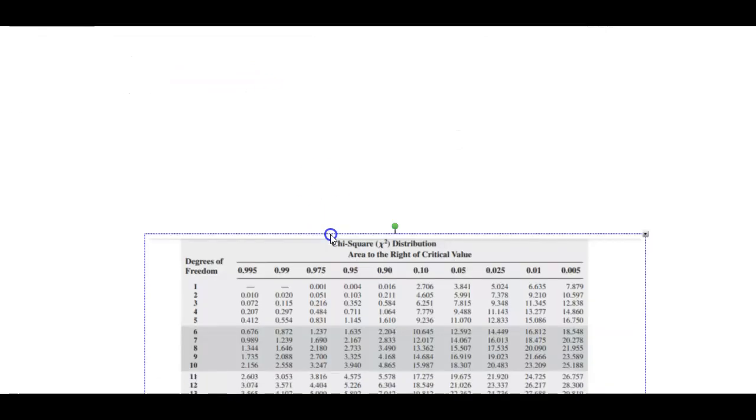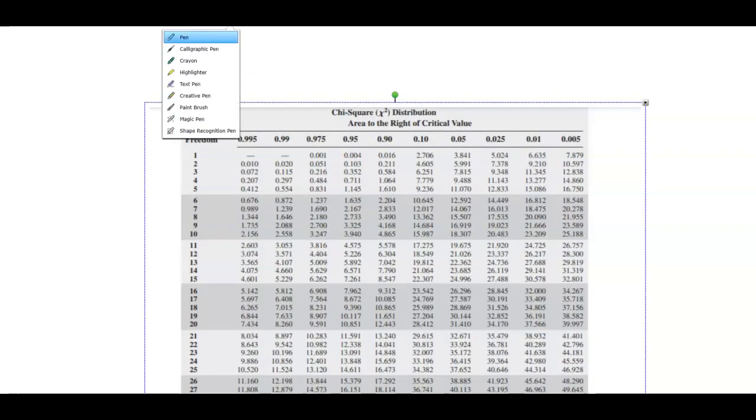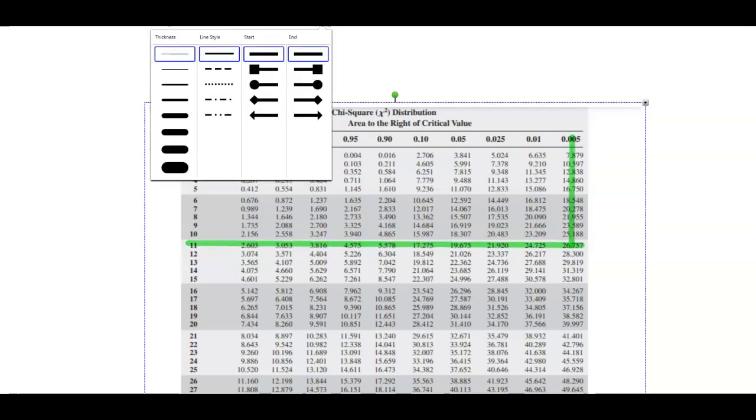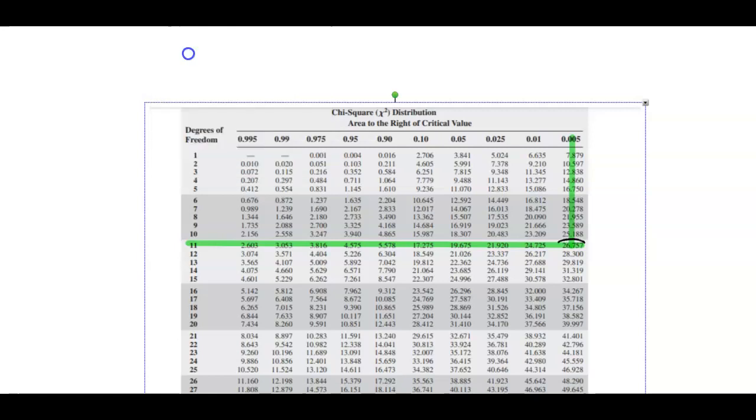So let's go ahead and use our table. We have the degrees of freedom, which is 11, and the area of 0.005. So there's the area of 0.005, and we have 26.757.